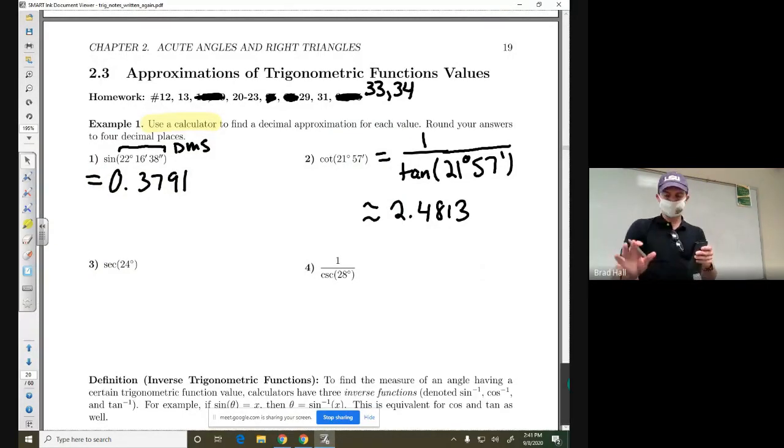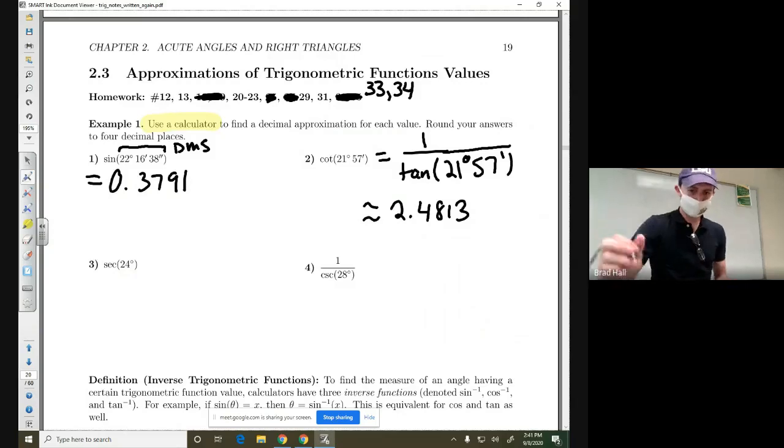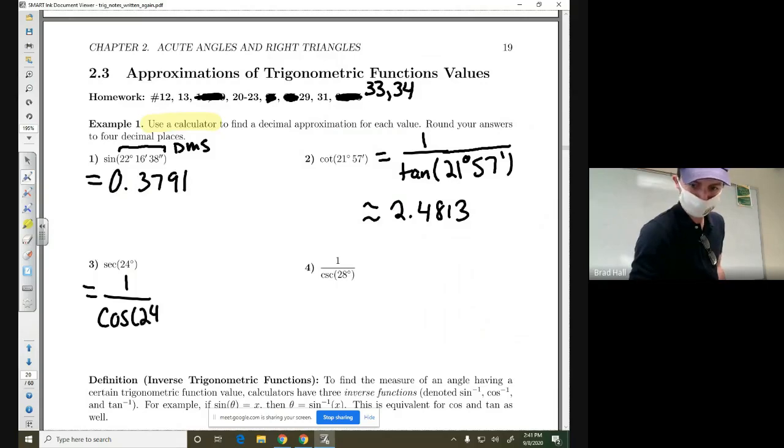If not, check and make sure you put it in correctly. So part 3, same idea. Secant of 24, I don't see secant in the calculator. All I see is sine, cosine, and tangent. So the one-liner would be 1 over cosine of 24 degrees. And then you could put this whole expression in the calculator.